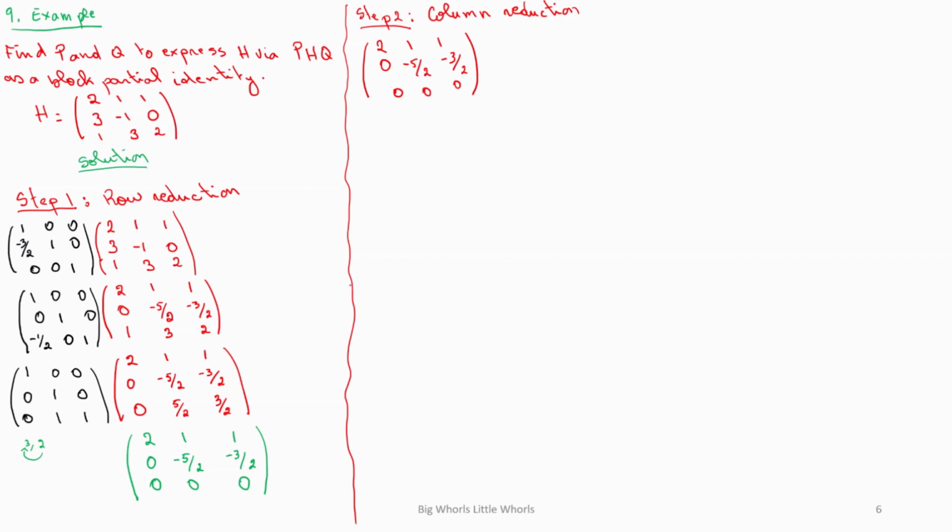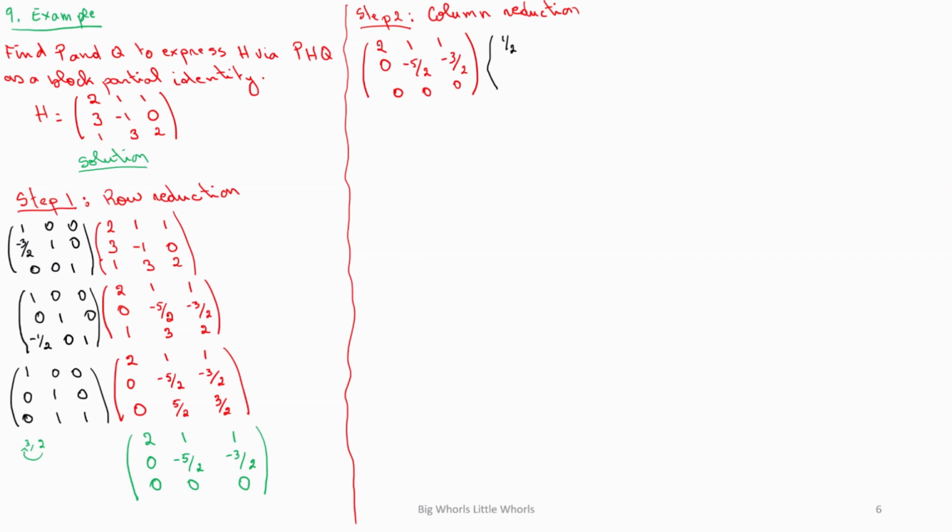Okay, and the first step in the Jordan part of Gauss-Jordan elimination is to turn the diagonal element into 1. Okay, so here I'm going to use a rescaling matrix, a half.